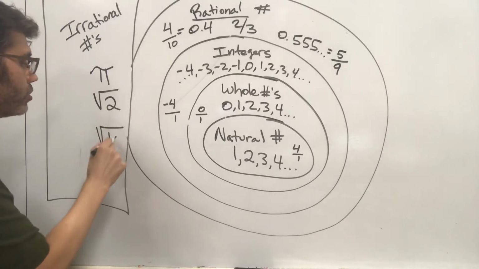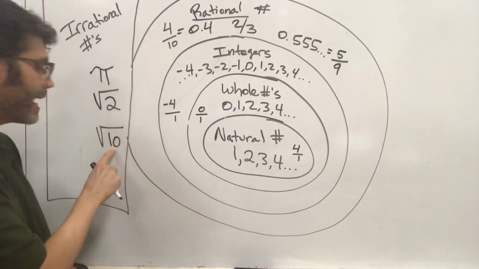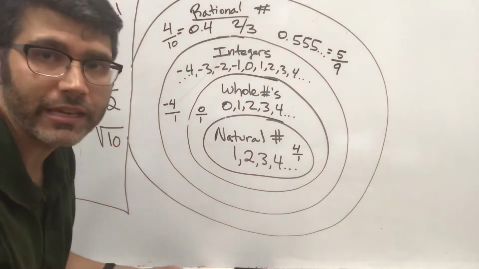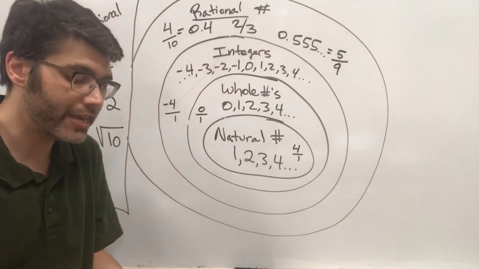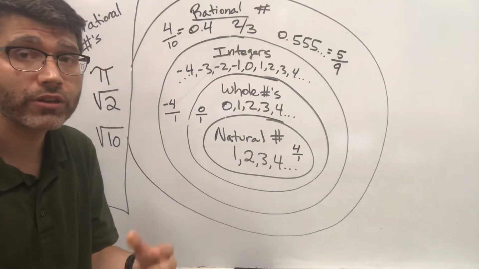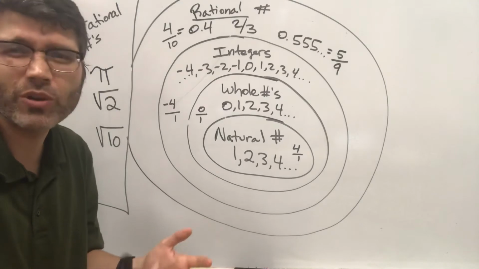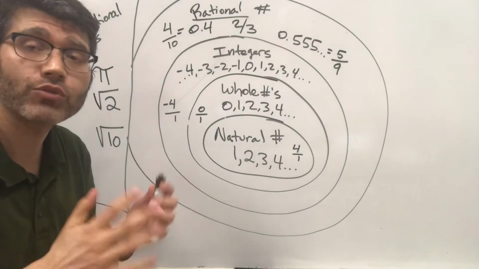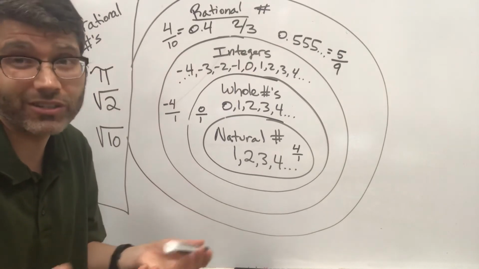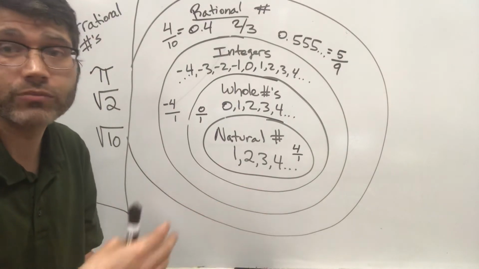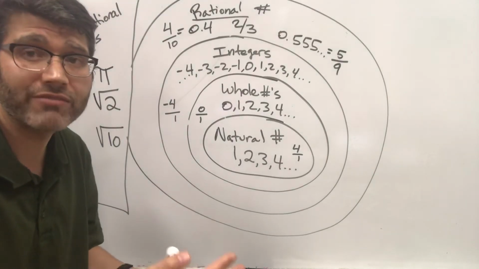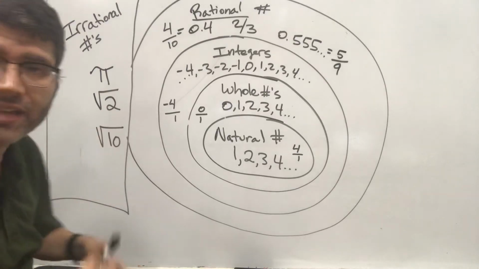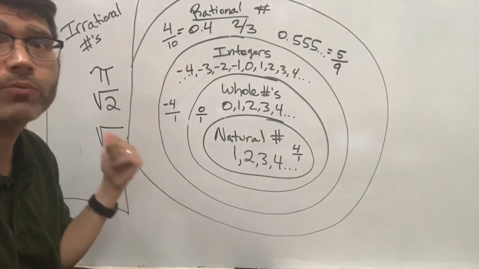So 2 is not a perfect square. 10 is not a perfect square. So the square roots of these will not be rational numbers. They'll be irrational numbers. The square roots of perfect squares are rational. Square root of 9 is 3. The square root of 16 is 4. So those are nice rational numbers because they're perfect squares. 25 is a perfect square. Square root of 25 is 5. But the square root of non-perfect squares, 2, 10, any number that you can think of that's not a perfect square, will come up with an irrational number.